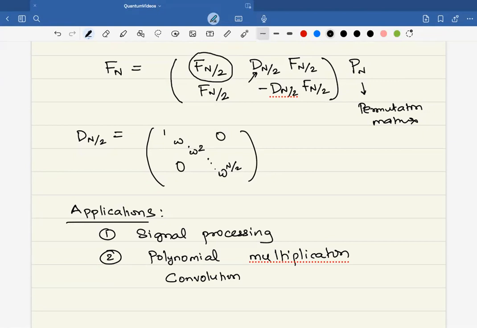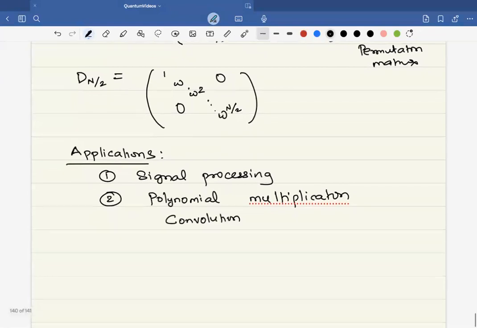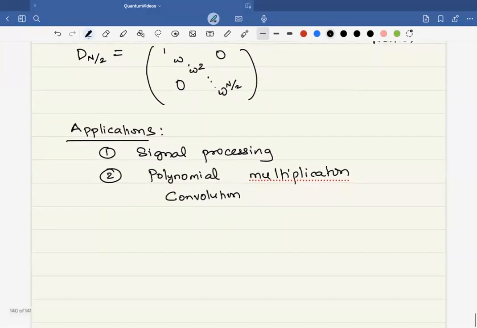So that idea leads to faster polynomial multiplication. And in fact, it leads to just the regular base 10 multiplication. We can do it much faster using this. So these are a couple of applications of Fourier transform. There are other applications in image processing and other areas.